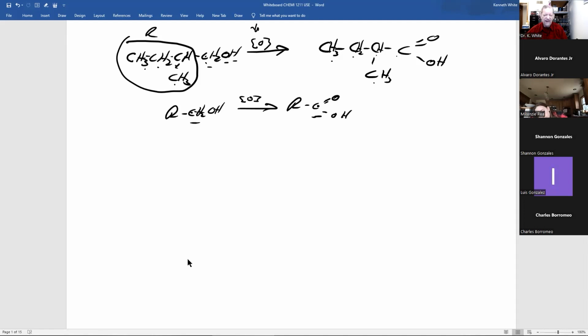Now, I don't have it on the problem set, but you can take any problem that's fair game for synthesis, cover the starting material, look at the answer, and figure it out. But I'll give you one right here.